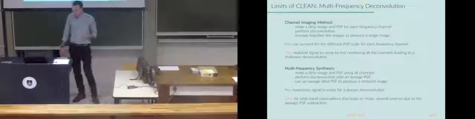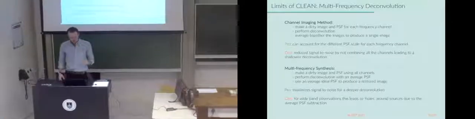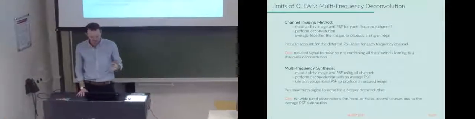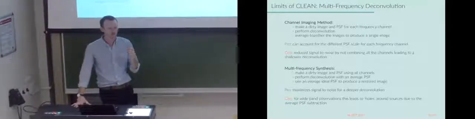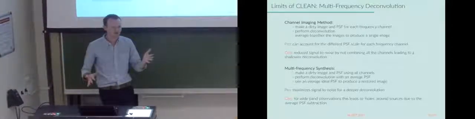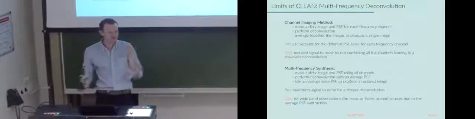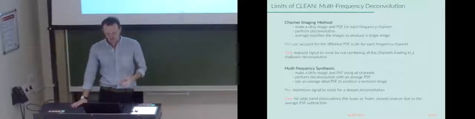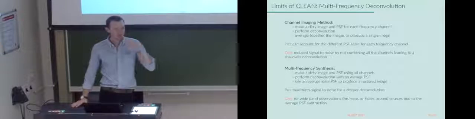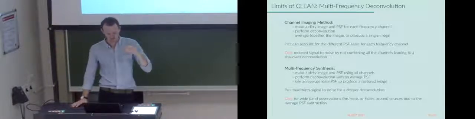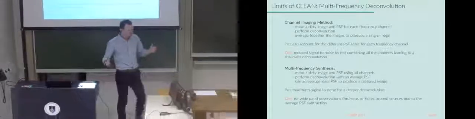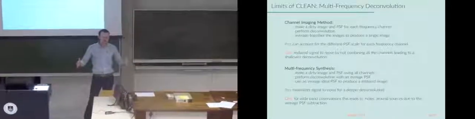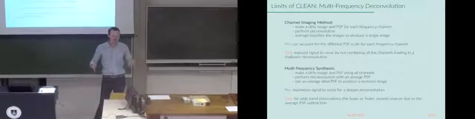The pro of channel imaging is that you can assume the sources have the same flux, or don't have flux evolution across the band. There's only a single channel, so you can have a different PSF for each channel. But the whole point of doing multi-frequency or broadband observations is to improve the signal to noise.